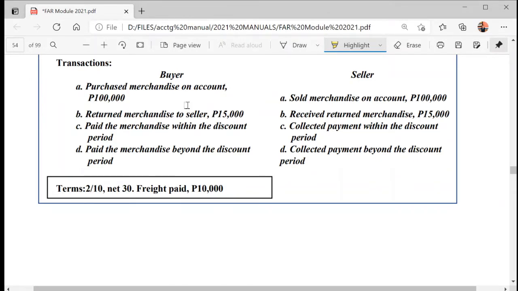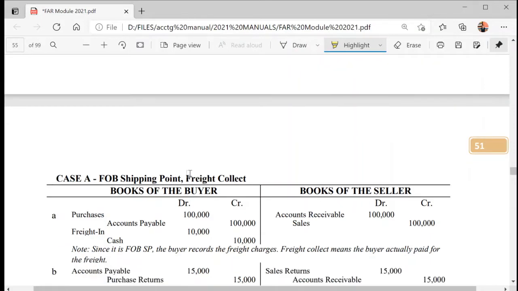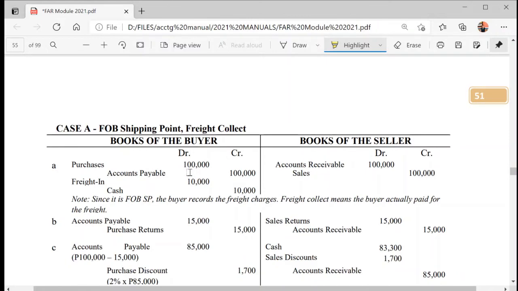And then on the side of the seller, of course, the seller sold the merchandise on account. So these are 4 different cases: a combination of the FOB shipping point, destination, freight collect, and freight prepaid. So for the FOB shipping point, then freight collect, we have the following.